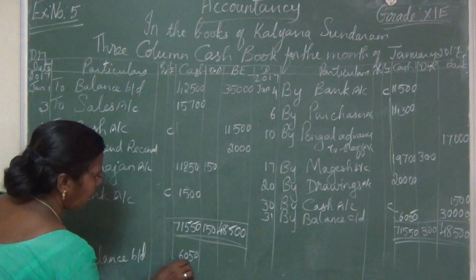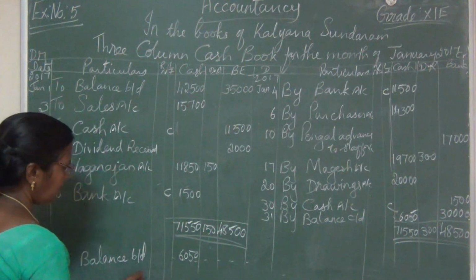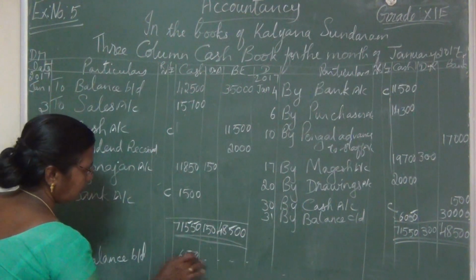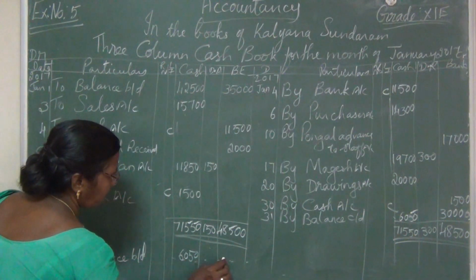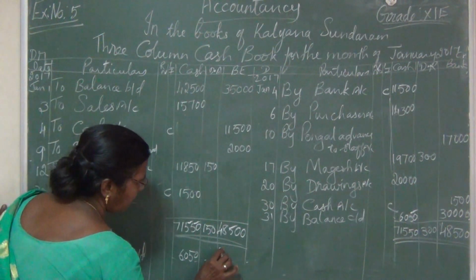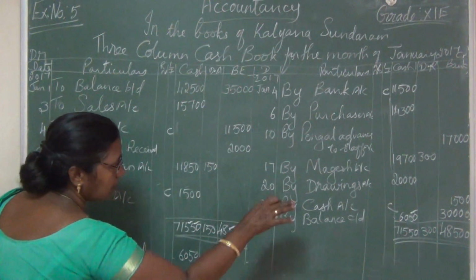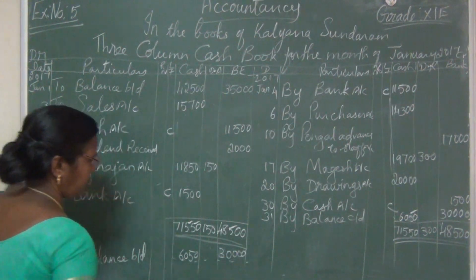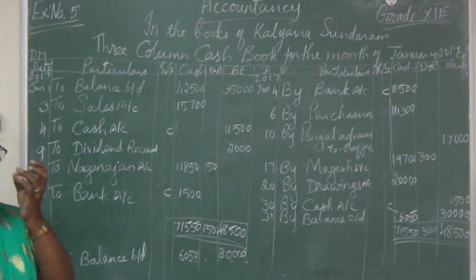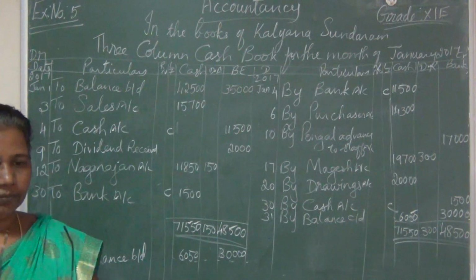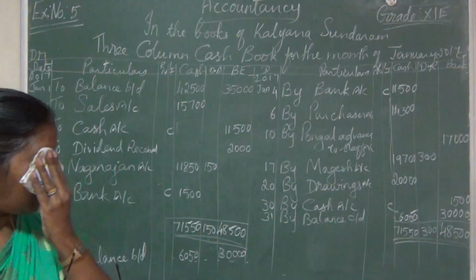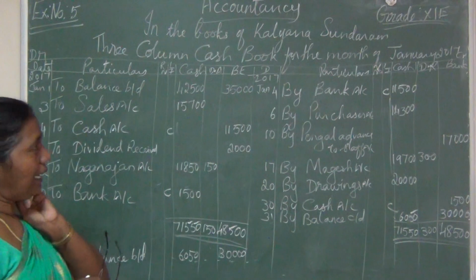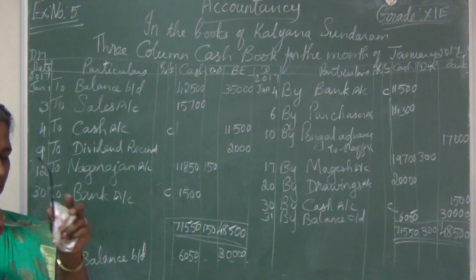In the next line only we have to write. Okay, don't leave one line there. In this line only we should write. Then 30,000. Okay, we have to write the opening balance. Okay, you might have understood this one.